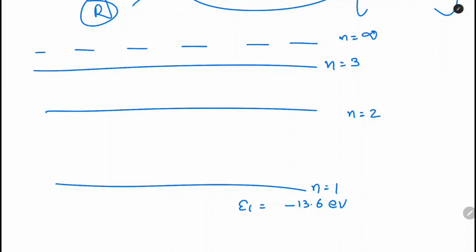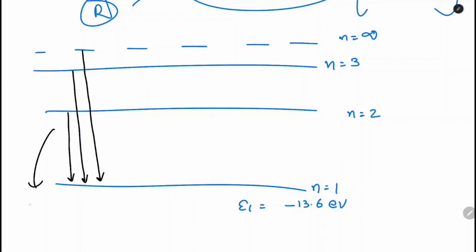So accordingly we have various types of spectra, from n is equal to 2 to n is equal to 1, from n is equal to 3 to n is equal to 1. When these transitions happen, they are shown as electromagnetic waves, and this gives the spectra which we are discussing. If it falls to n is equal to 1, these are called the Lyman series.